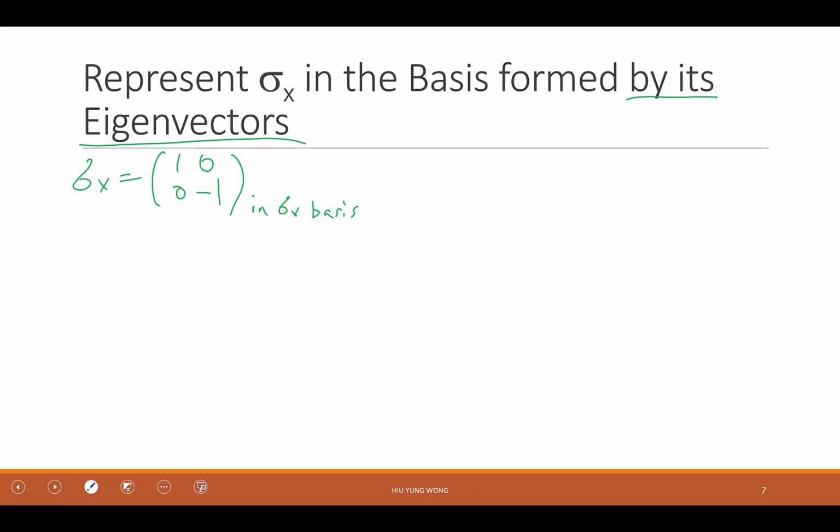So we should have exactly the same physics. There should be no difference why you prefer z, just because you're taller than me and I'm fatter, that's why I prefer x and you prefer z. No, right? Now this reveals the fact: if you represent sigma z in the sigma z eigenbasis, it should be the same as sigma x represented in the sigma x eigenvector basis. And that is the same in other directions.